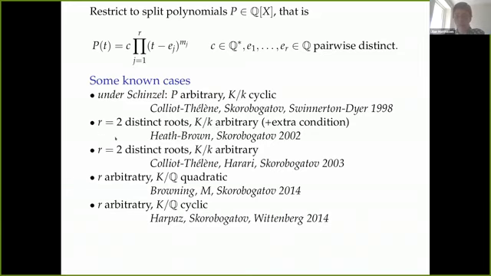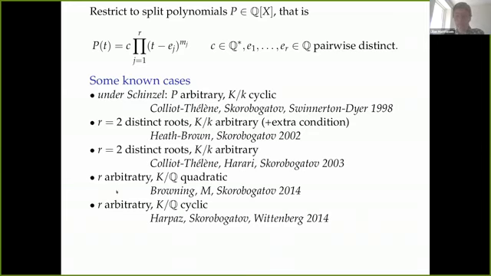This is a result that is proved by using a combination of the descent theory developed by Colliot-Thélène and Sansuc and the Hardy-Littlewood circle method. There was some extra condition that was removed in work by a different team of authors a year later.